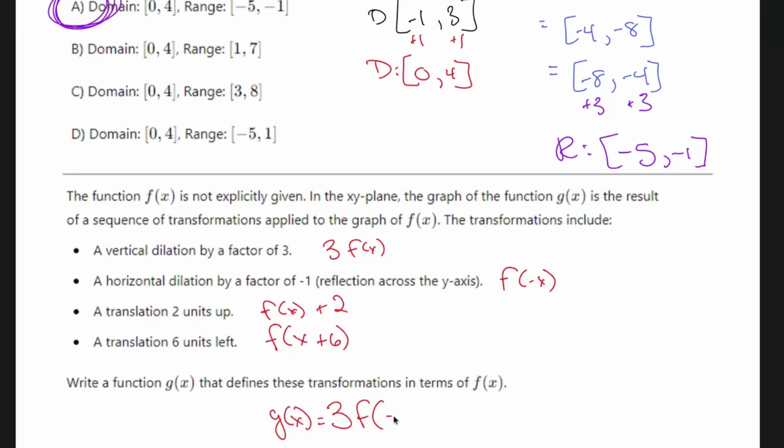You must do negative parentheses x plus 6, because the plus 6 has to be with a regular old x. Then outside of it, in parentheses, you could throw that negative there. And at the end of it all, you can add 2. So this part is kind of crazy, kind of tricky, but that is a function that would define those transformations.